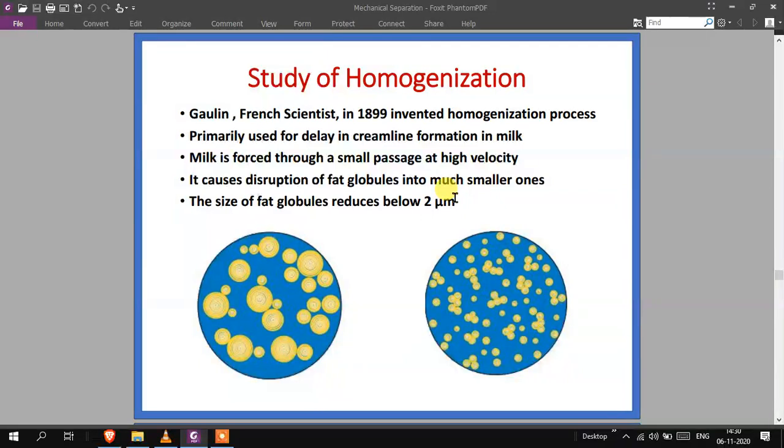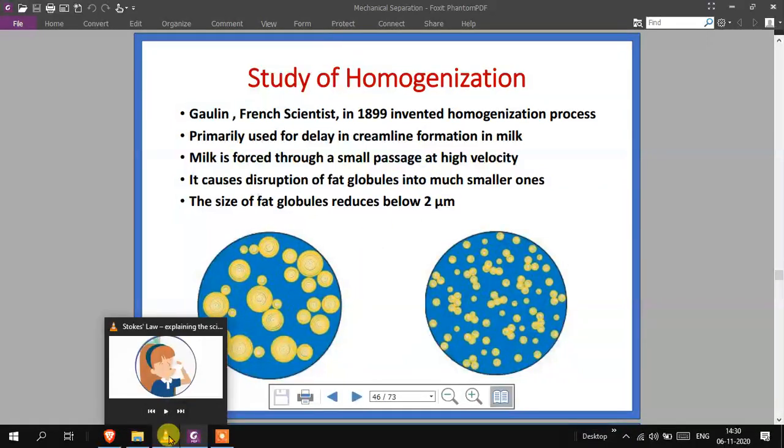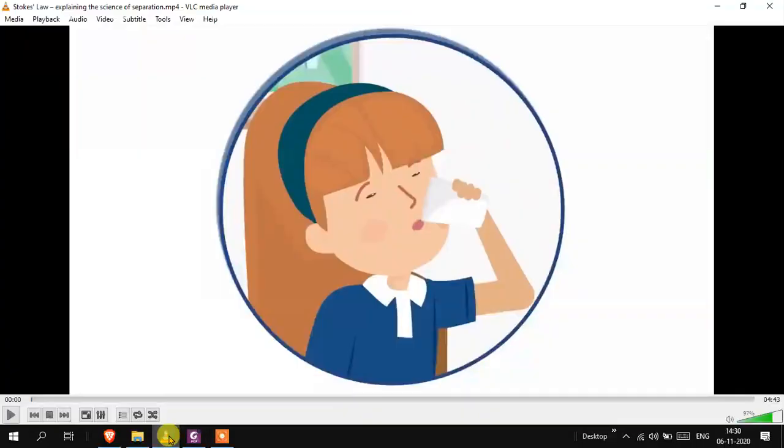For this understanding, we should first know what Stokes law is and what the different factors are which affect creaming or cream line formation. So let's watch a video by which you can understand what Stokes law is.